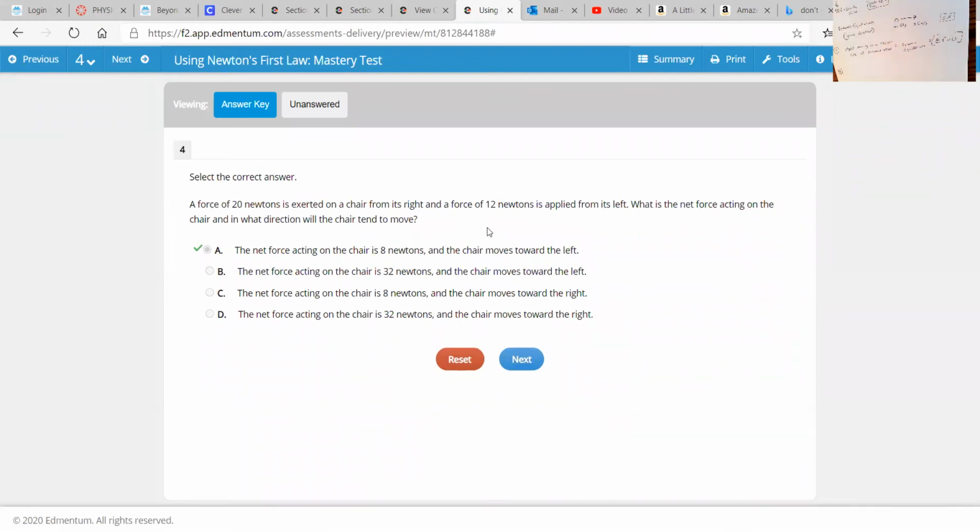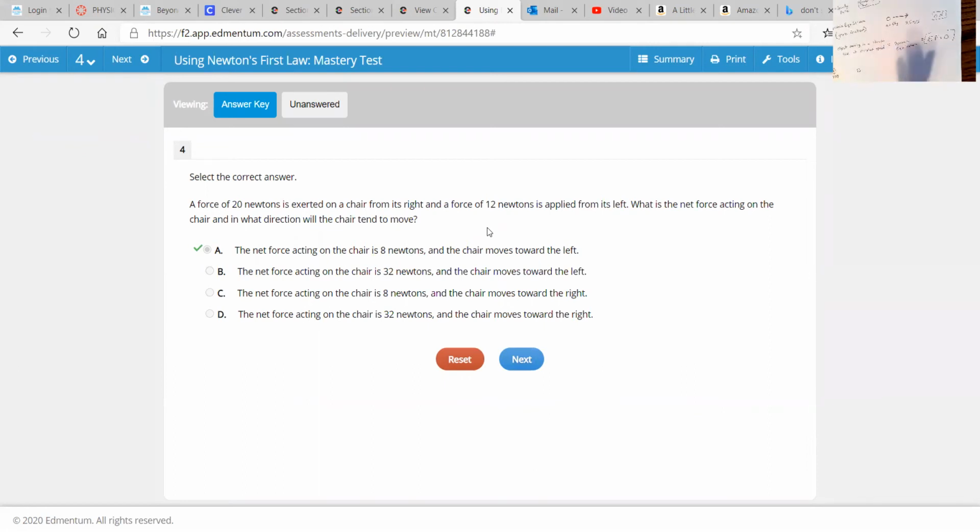So we have a force of 20 newtons exerted on a chair from its right and a force of 12 newtons applied from its left. What is the net force acting on the chair? And in what direction will the chair tend to move? Okay, so let's draw this out. If you're ever confused in physical science, let's draw it out. And we're going to draw a type of free body diagram, or an FBD.